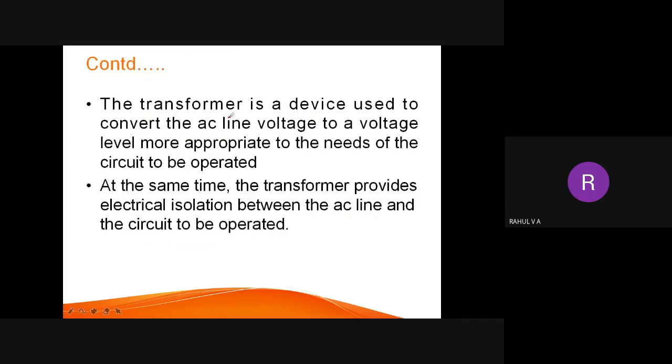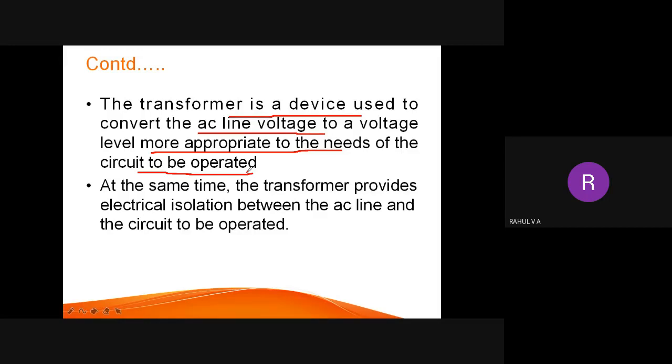So a transformer is a device which is used to convert AC line voltage into a voltage level more appropriate to the need of the circuit to be operated. It is not telling that it is reducing or increasing. The sentence is not like that. It is just telling that it will convert the AC line voltage to a voltage level more appropriate to the need of the circuit.